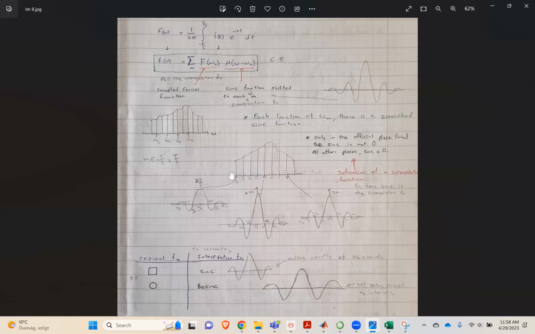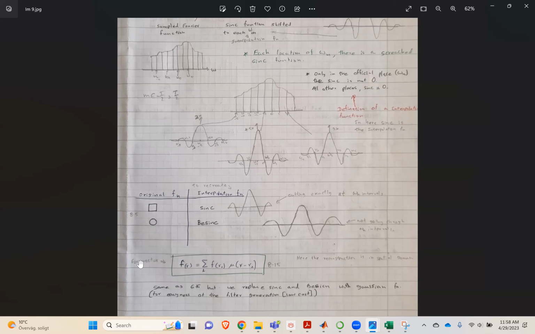But still we didn't discuss the reconstruction part, because in this theory they put it in the Fourier domain. So for the reconstruction, we are not going to the Fourier. You can see the small f in here, this is your original discrete values, and this is your interpolation function.